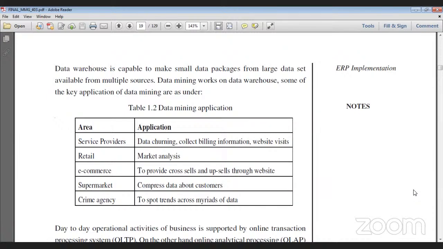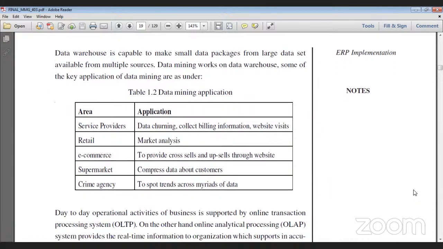E-commerce needs to provide cross-sells and upsells through the website. Then the supermarket comprises compressed data about the customers. The crime agency applies it to spot trends across myriads of data.